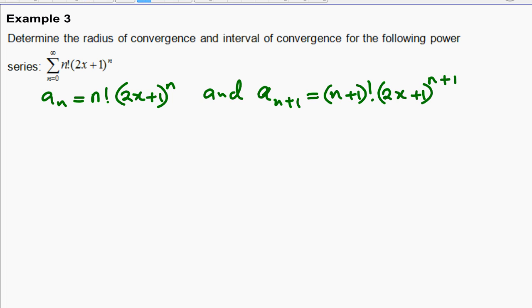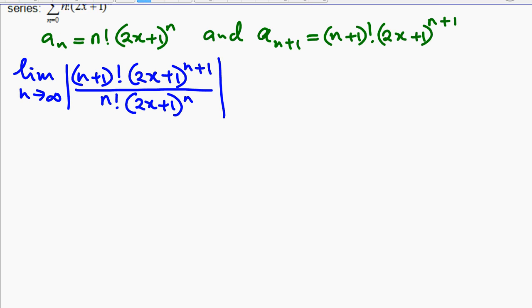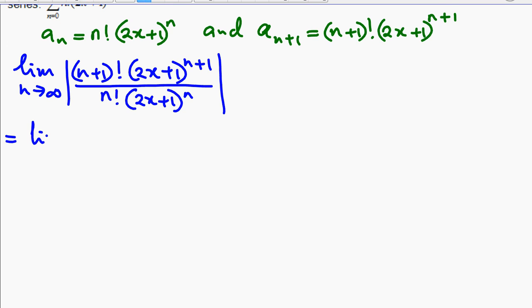Plug this into the formula for the ratio test. And then we have to simplify this. I'll expand this bit.